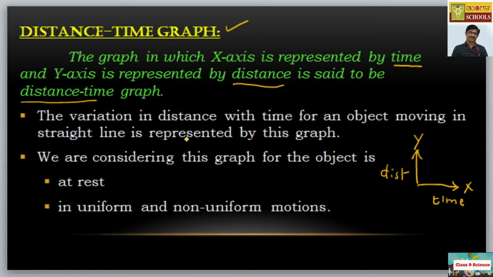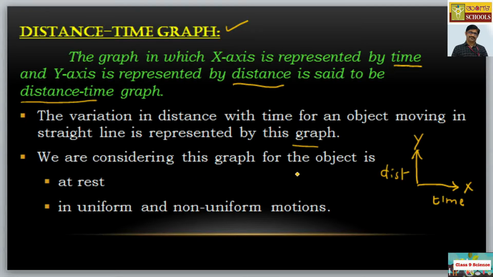The variation in the distance with time for an object moving in a straight line is represented by this graph.